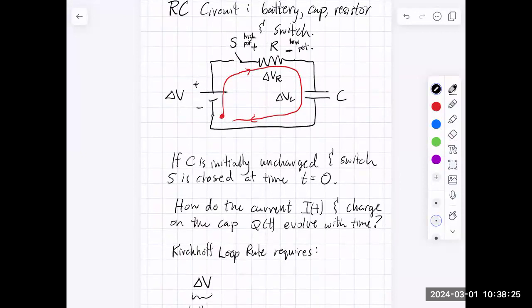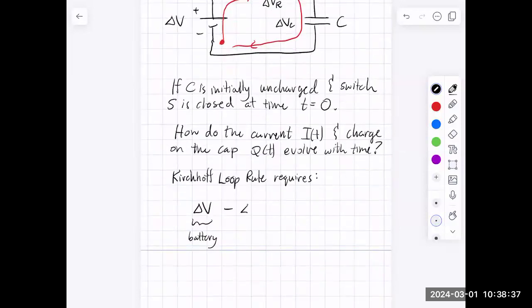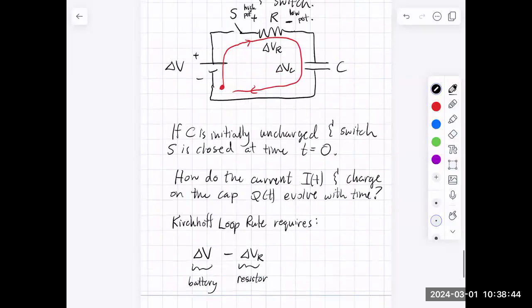And so when we take our clockwise path and cross the battery, we're going to go from high to low potential. So we're going to lose voltage. And so this would be minus the voltage lost by the resistor. Our capacitor, when the switch is closed, will start to accumulate positive charge on the plate that's closest to the positive terminal of the battery and negative charge on the plate that's closest to the negative terminal.